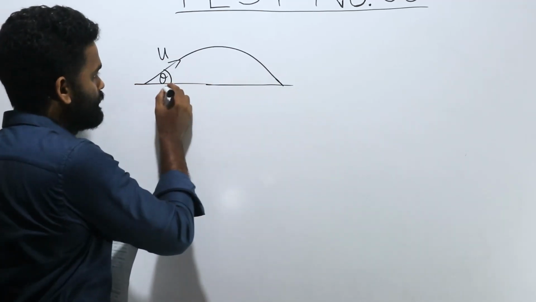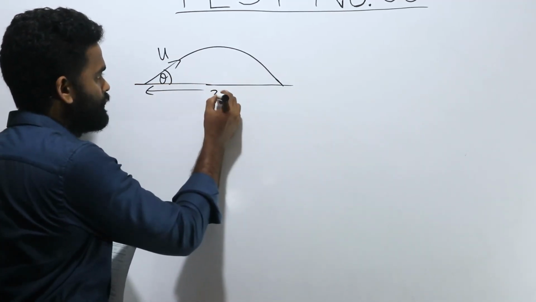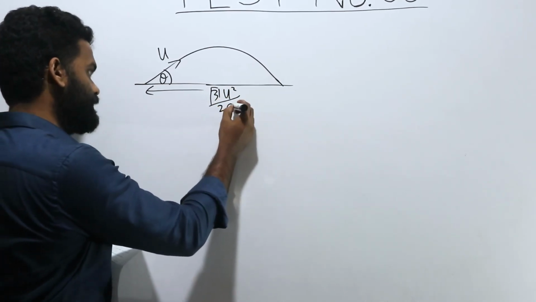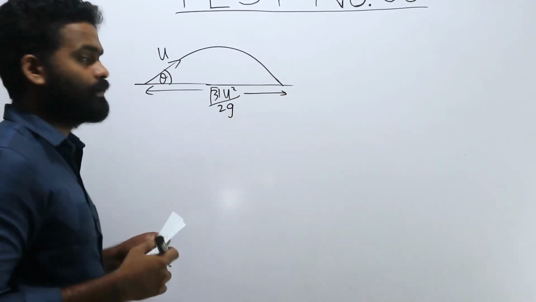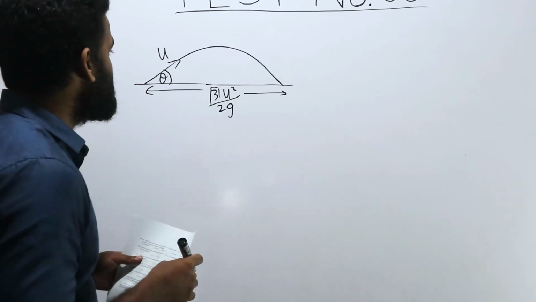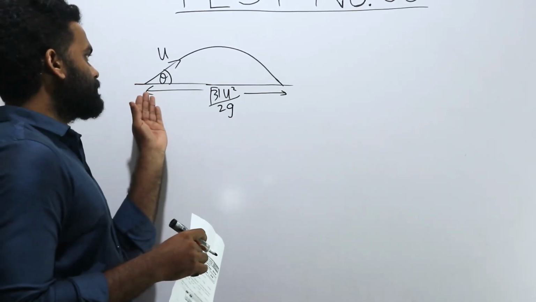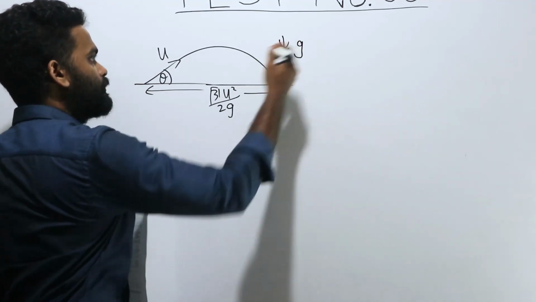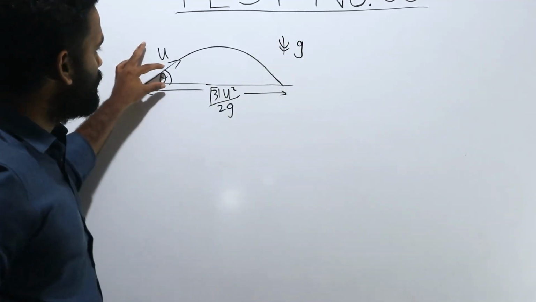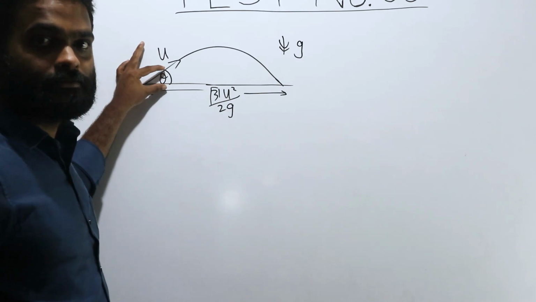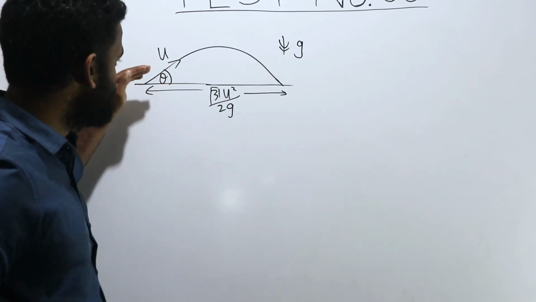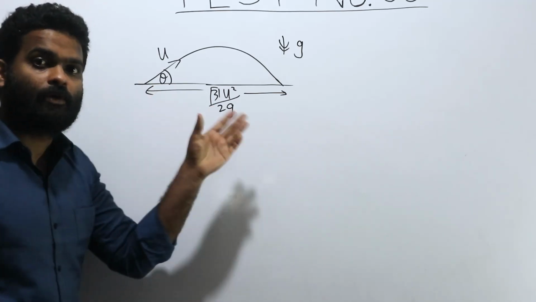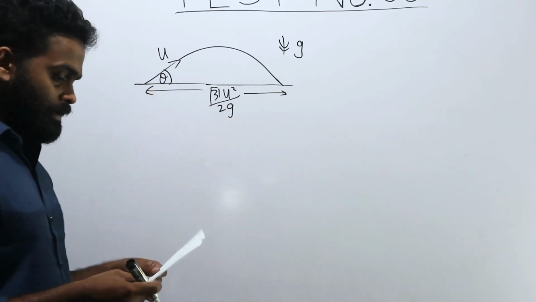For this one, the horizontal range is given as root 3 u squared over 2g. This is the horizontal range of the motion. So using this data, you have to calculate this angle theta, the angle that the initial velocity makes with the horizontal.